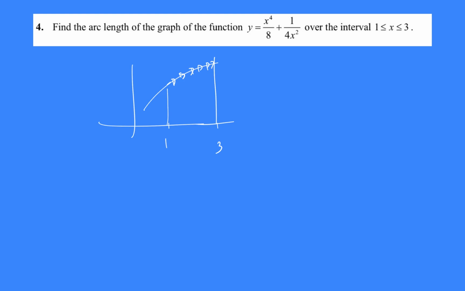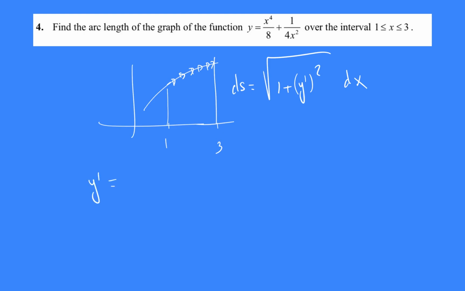And the formula is the square root of 1 plus y prime squared, and ds is equal to this times dx. So let's go to find y prime.